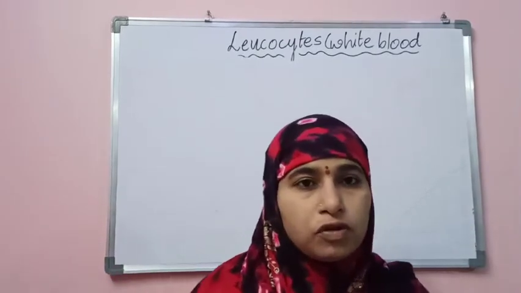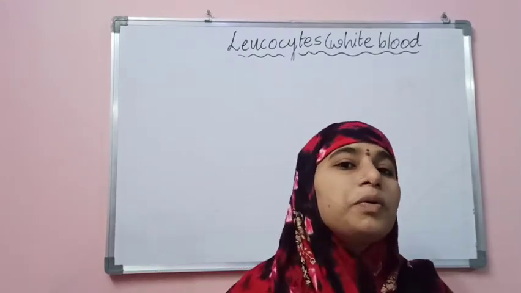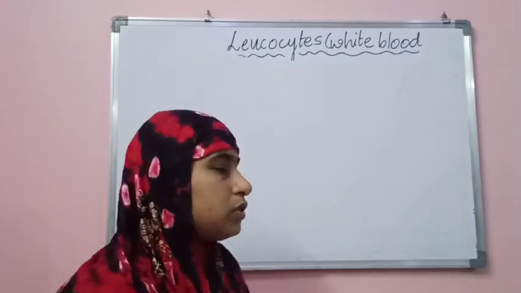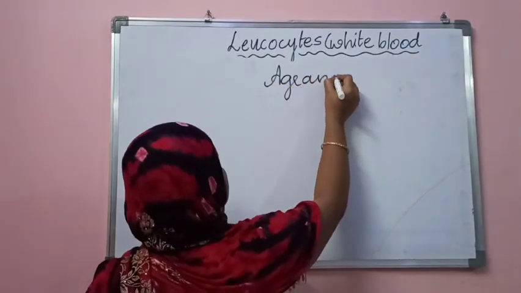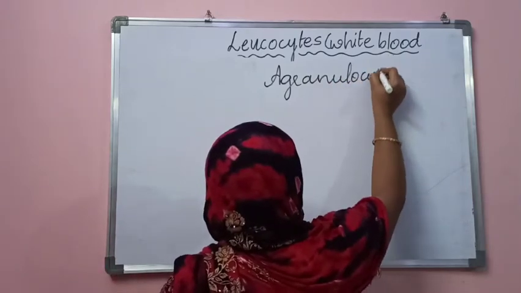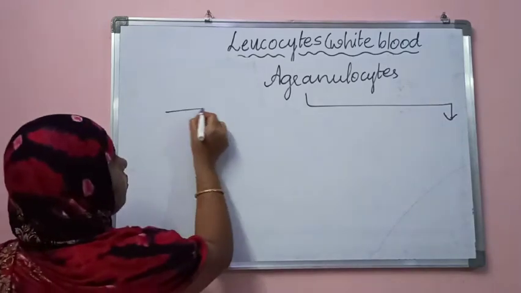So here the leukocytes are divided into granulocytes and agranulocytes. In this video we are going to learn about the agranulocytes. These agranulocytes are again divided into two types.